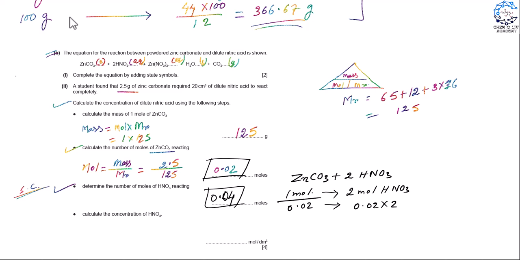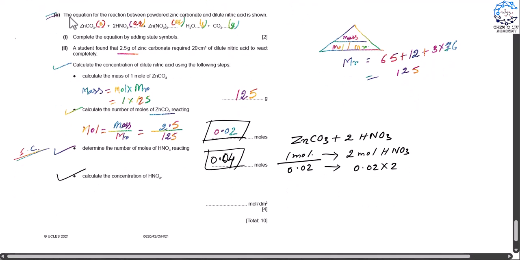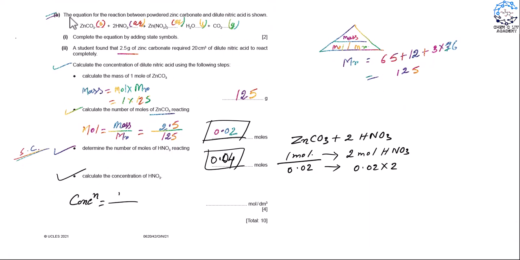Now next is calculate the concentration of HNO3. If you have seen my concentration video, then let's calculate it. The formula of concentration is equal to mole per volume. So how much mole did we get? 0.04 mole of HNO3 divided by volume, which is 20 centimeter cube.